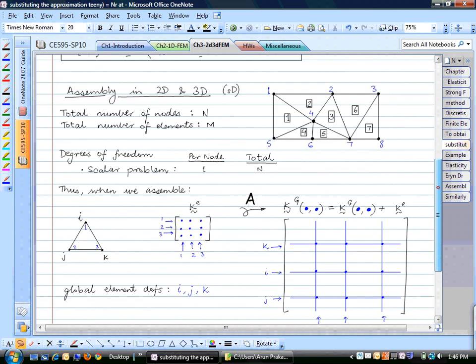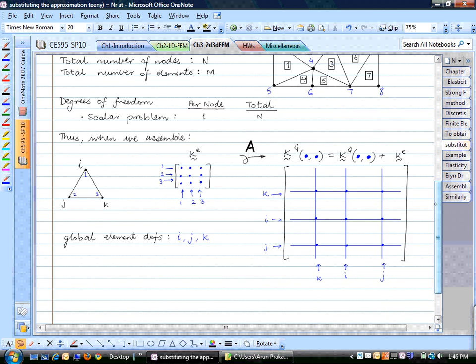And then, just like in the one-dimensional problem, you had this big global stiffness matrix, and you were adding 2 cross 2 small element stiffness matrices to that big global matrix. The same sort of idea is going to hold here also.